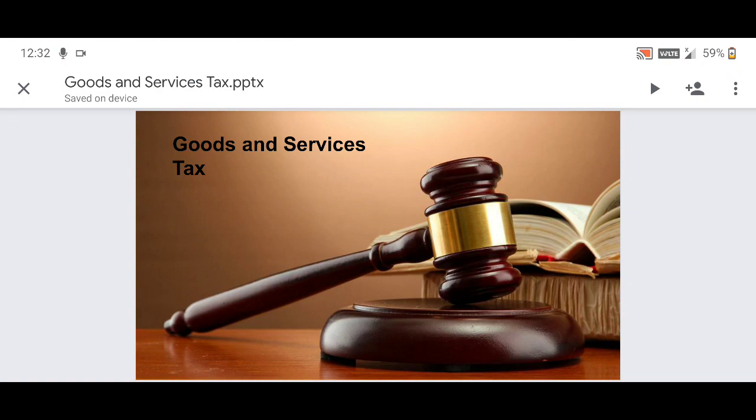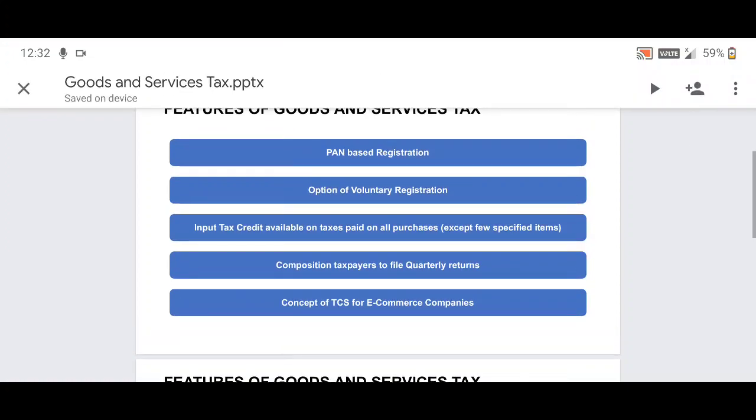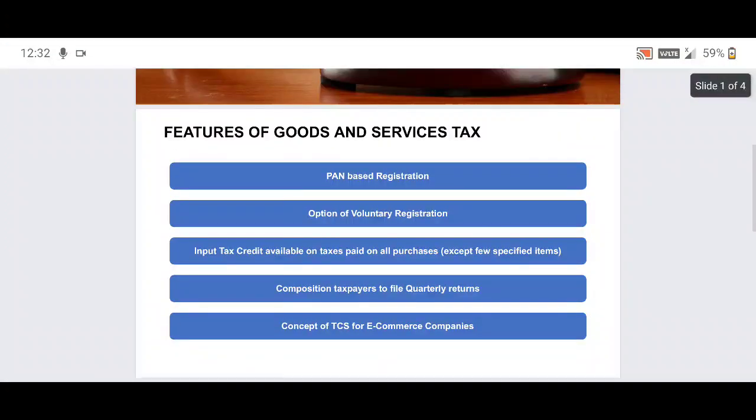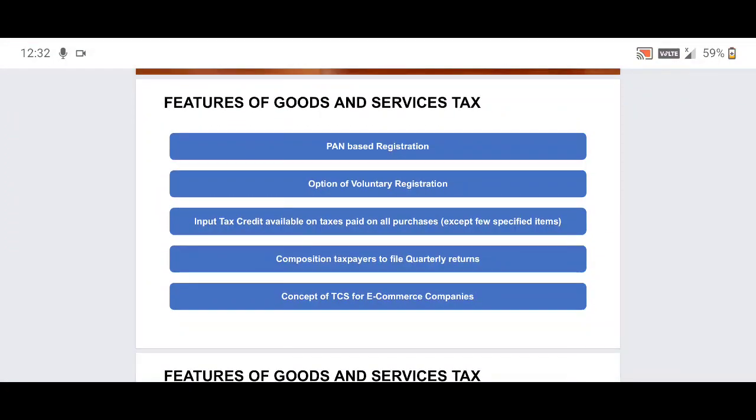So, friends, let's move forward to the features of GST. The first and very important feature of GST is PAN based registration. If you wish to obtain a GST registration, then you need to make sure that you have a valid PAN, that is, a valid Permanent Account Number.